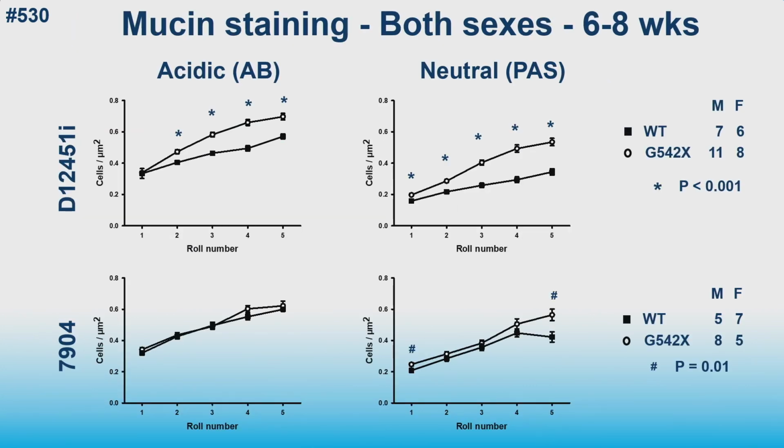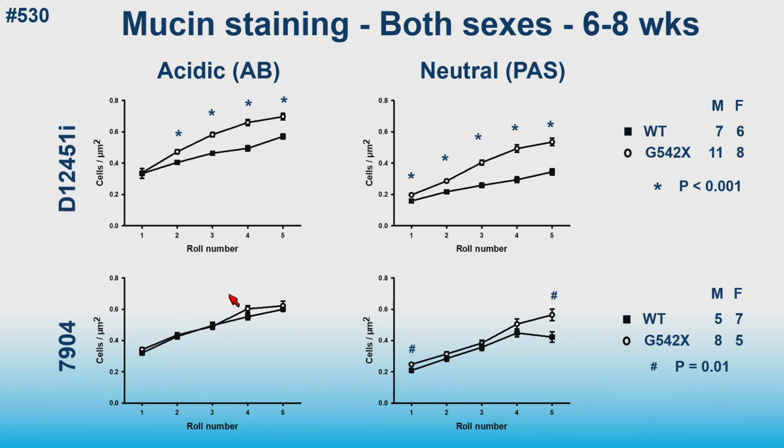Now we look at the mucin staining, and we did find a difference in the diets. I'm going to begin with the two bottom panels. That's the diet with cholide. In this case, it doesn't matter diet, genotype, sex, or whatever, we saw what we expected to see, an increase in the number of mucins as you go along the small intestine.